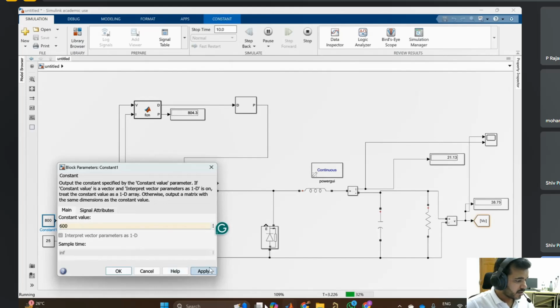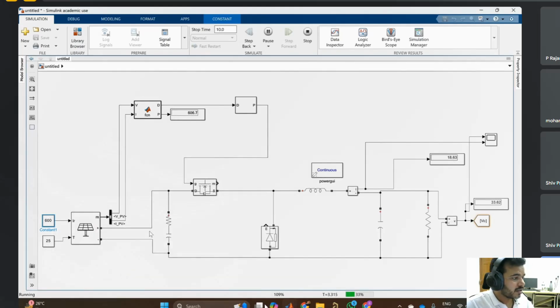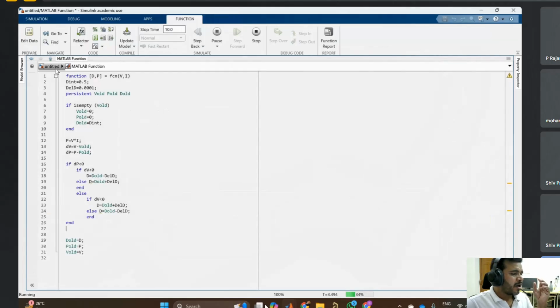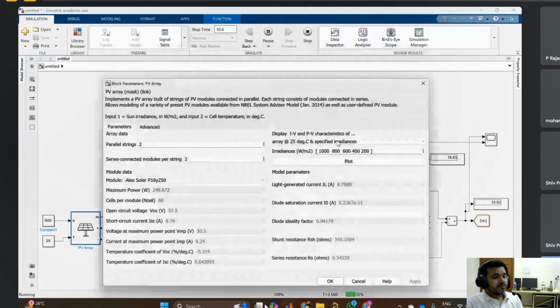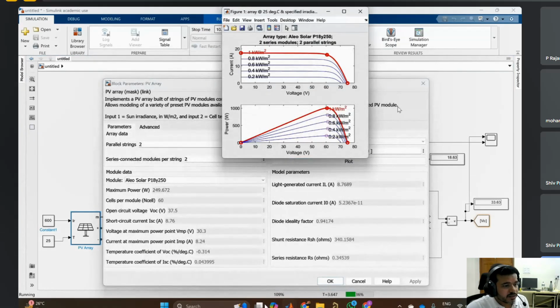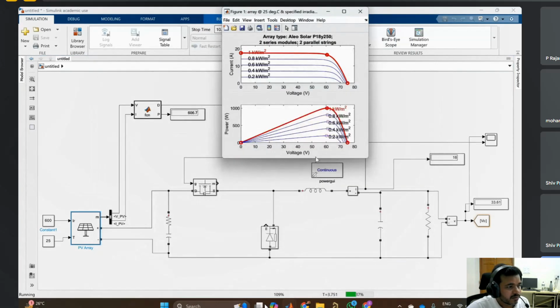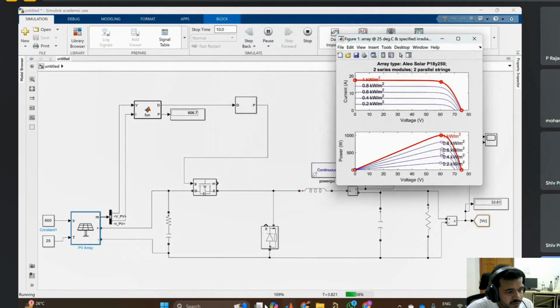Same thing, take at 600. At 600 it is 607. Yeah, same power.